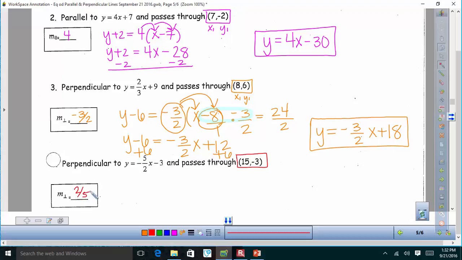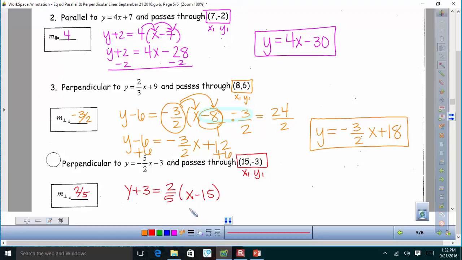Good. All right. Now I'm going to label my points x1, y1. I'm going to plug that in. So Serena, when I plug that in, what would it look like? Y plus 3 equals 2/5. Very good. Times x minus 15.